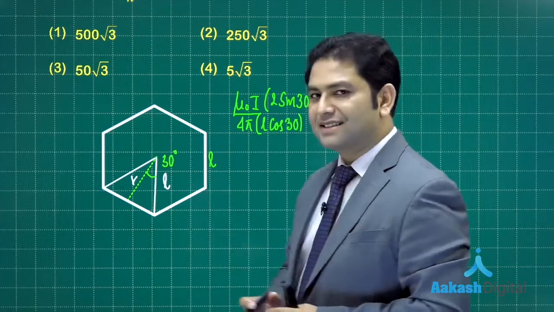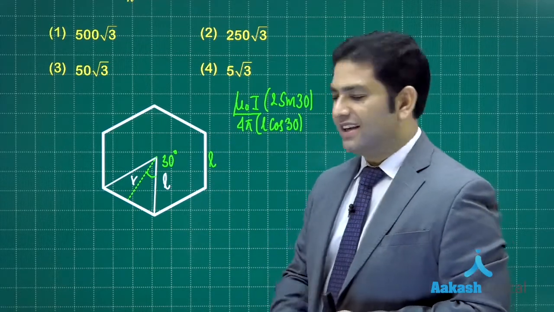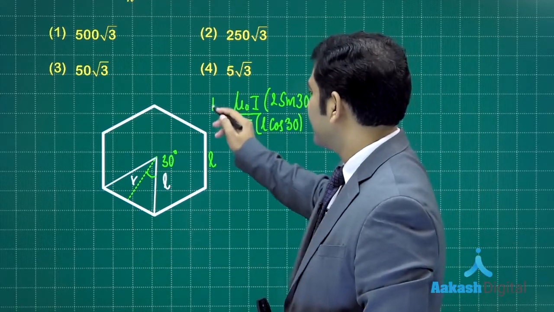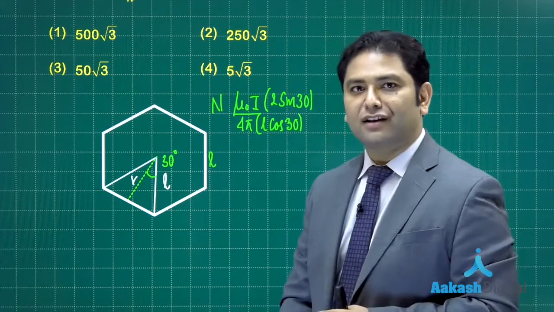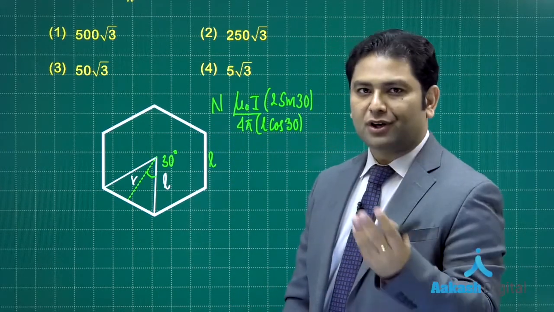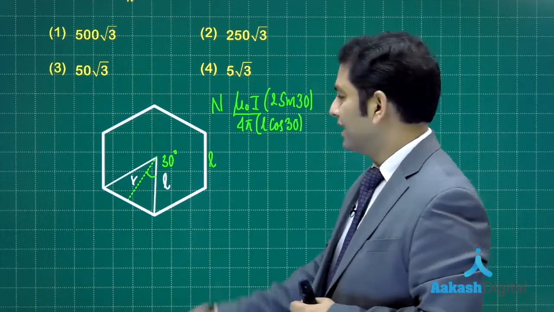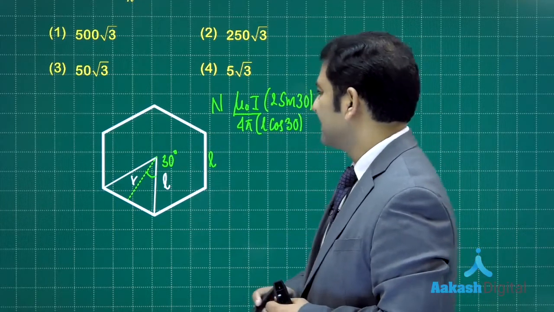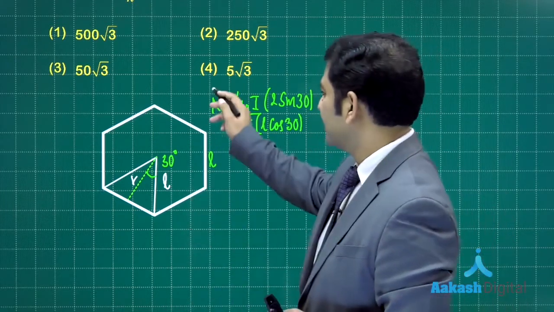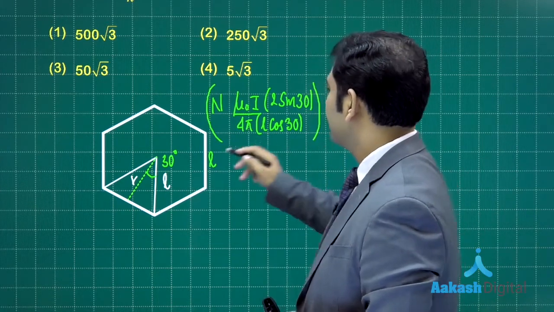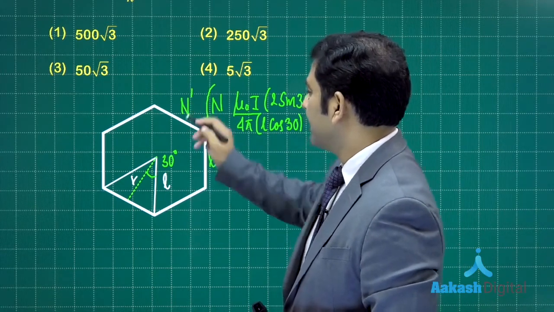We have 6 such segments, and due to each segment the direction of magnetic field would be the same. So of course we will be multiplying by the number of segments, that is 6, and together there is also a number of turns. Let me represent that by n dash.